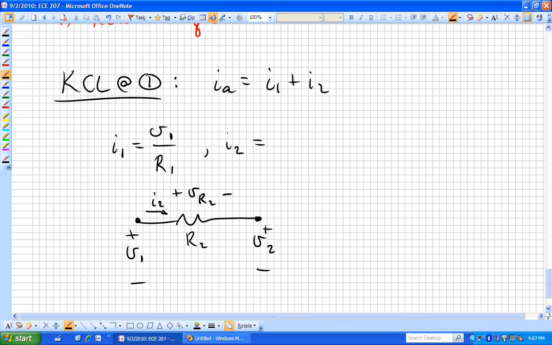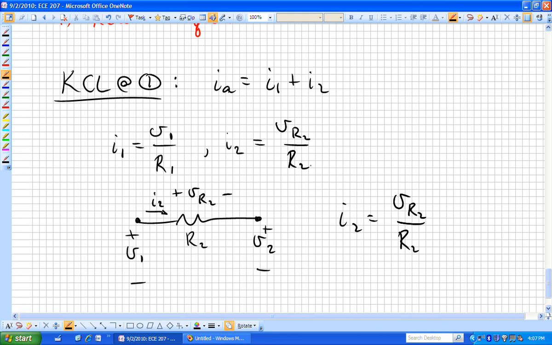That's what I have, correct? Up above, I'm pulling this out. There's V1 on the left, V2 on the right, R2 between those. I can find I sub 2, that's just V sub R sub 2 over R sub 2. Does everybody see that?